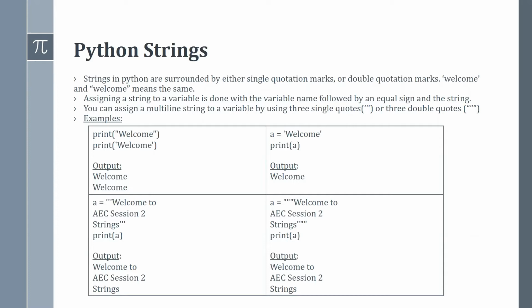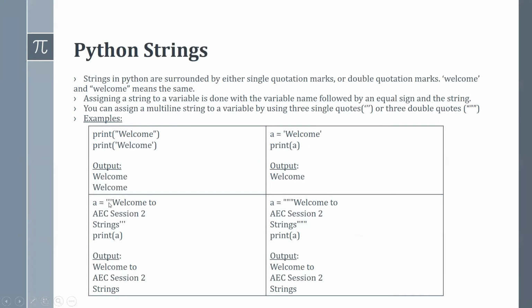So how does the system know whether it is a string? For a string, you have to enclose it within double quotes or single quotes. We have seen this in the last class as well. A string can be represented using a double quote or a single quote at both ends. For multi-line strings, you use a different format.